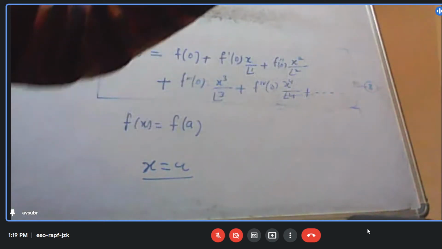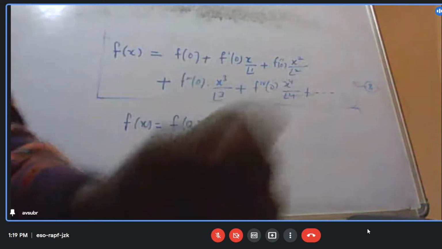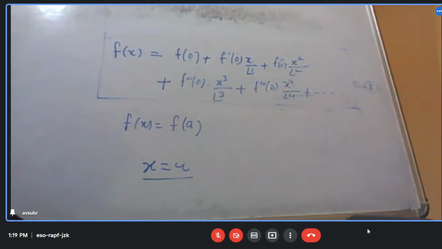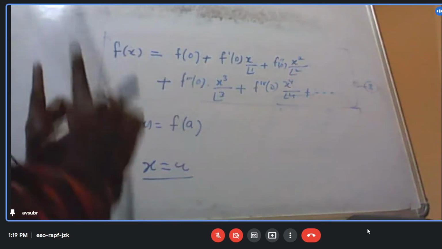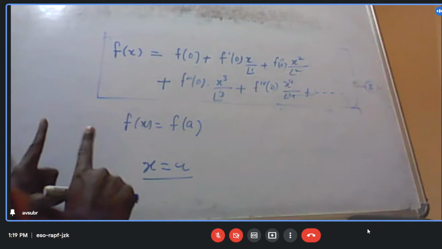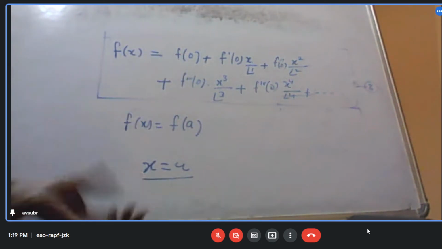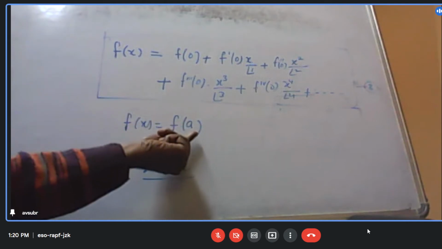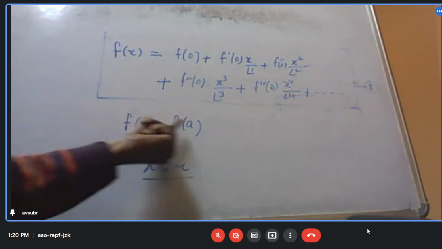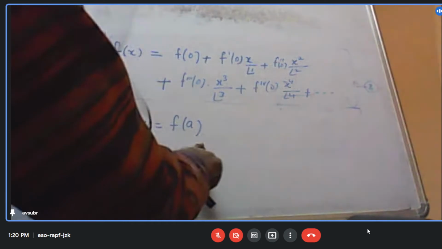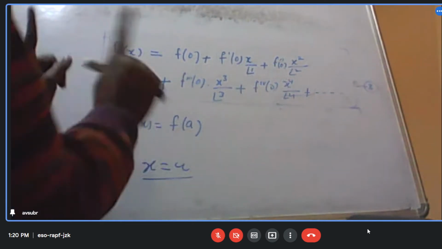Now I have to find out information from that about the curve. So I have shifted my base from x equal to 0 to x equal to a. That's all. Initially I was trying to find the value of f at a.